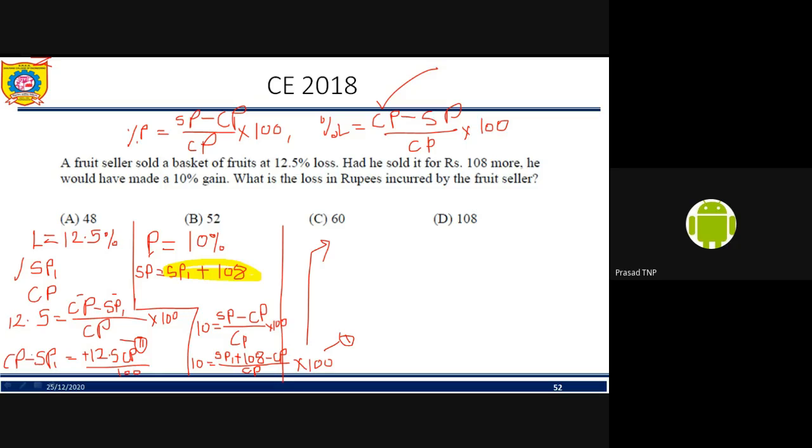But at the left, under equation 2, it is CP minus SP1. So selling price 1 minus cost price is required, so it is minus 12.5. So this value we put: 10 by 100 is equal to selling price minus cost price, that is minus 12.5 cost price by 100, plus 108.